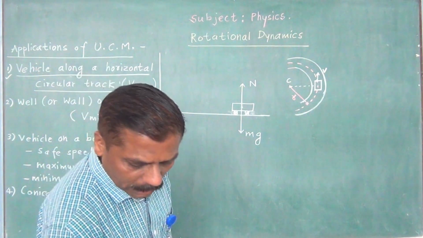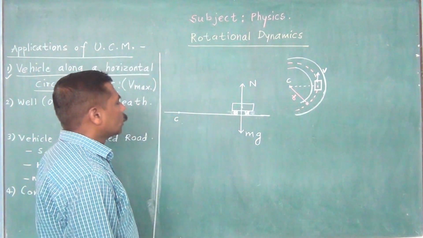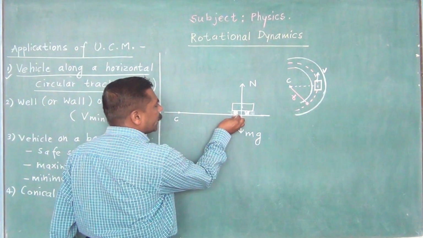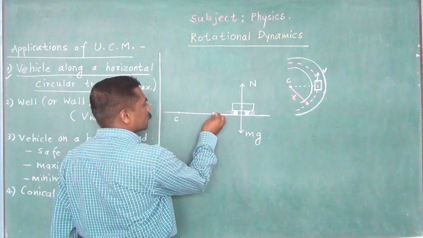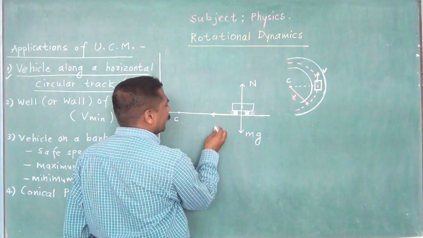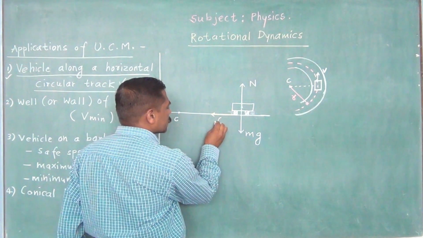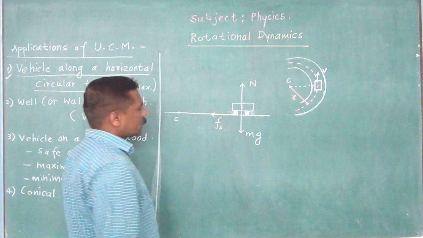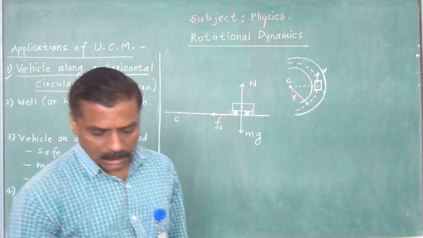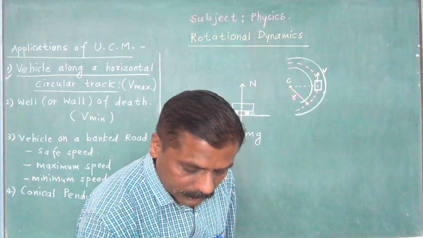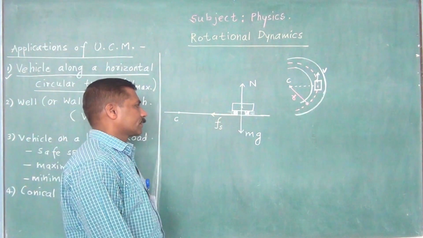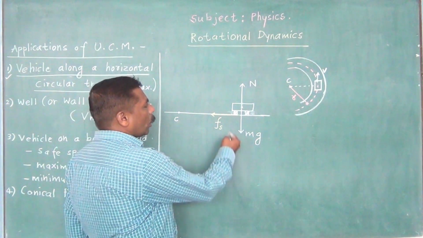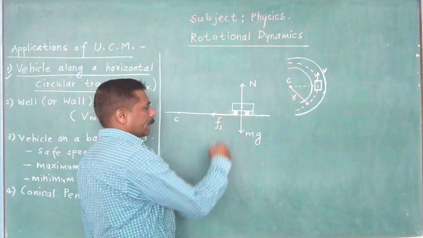Again, there is still one force acting, the static force of friction. This friction is between the surface of the tire and the road, and it is acting along the tangential direction.